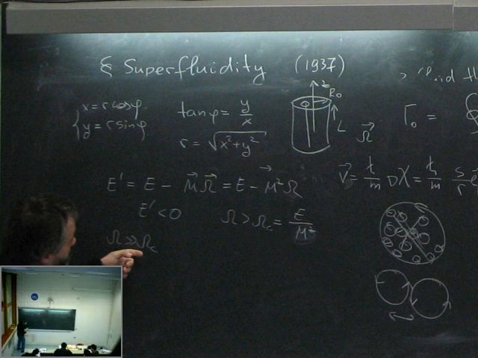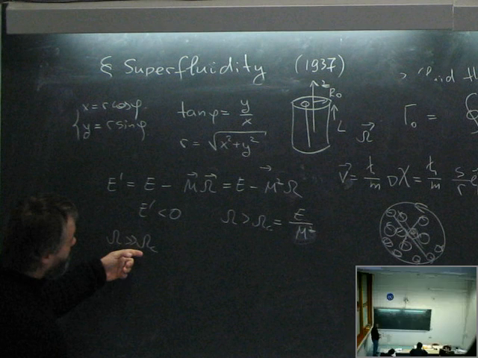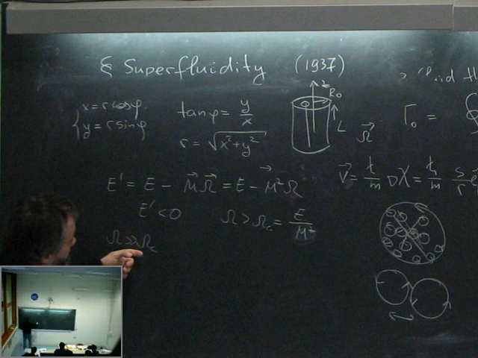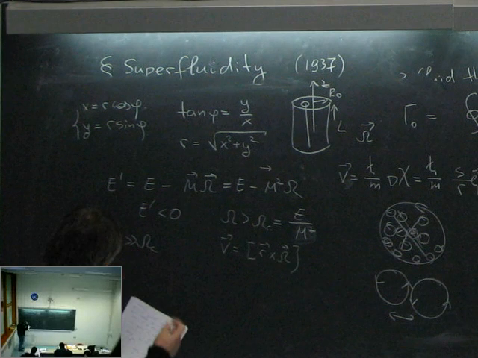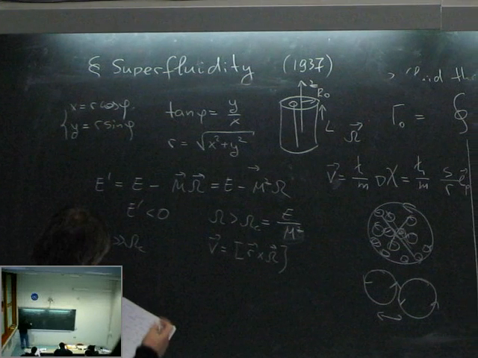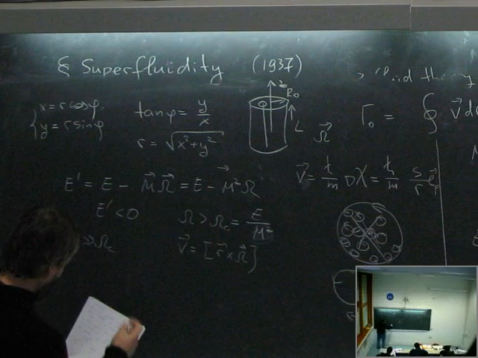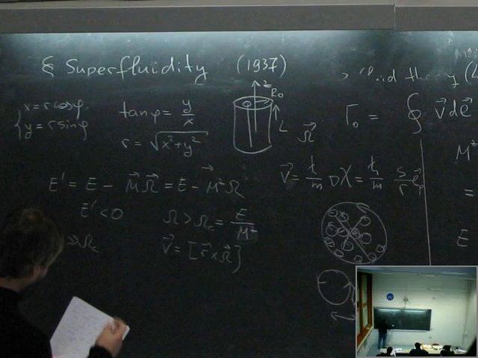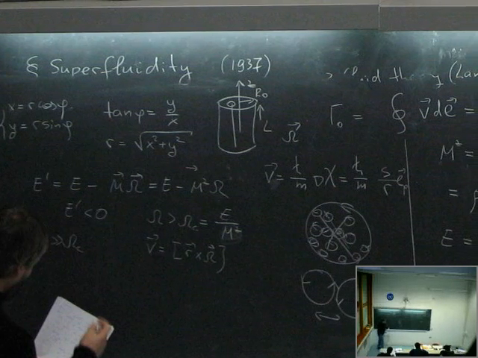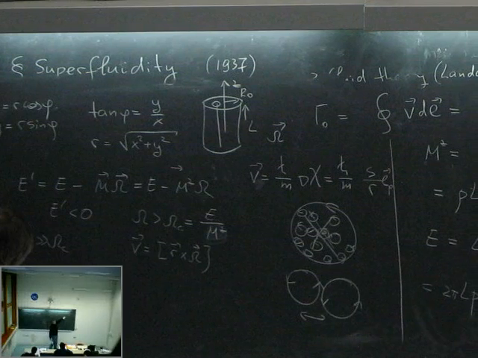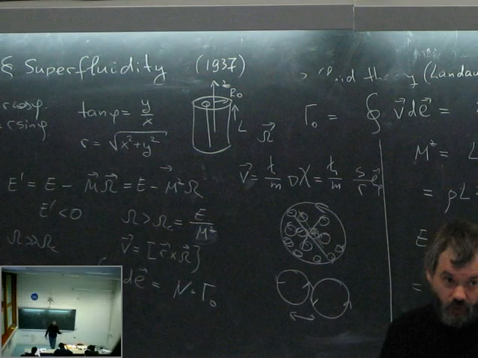But if your angular velocity is very large, let's estimate how many vortices you can create. So, since V is R times omega, we calculate the circulation over dl and write down that this is m times the circulation quantum. You create n vortices.